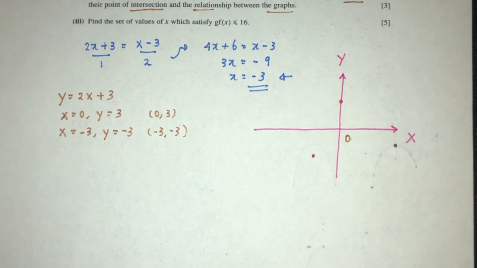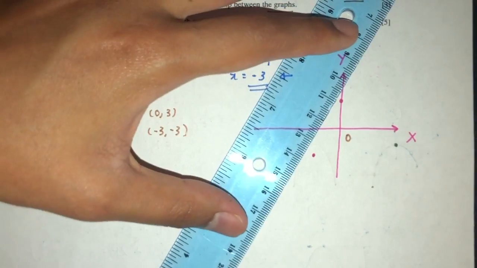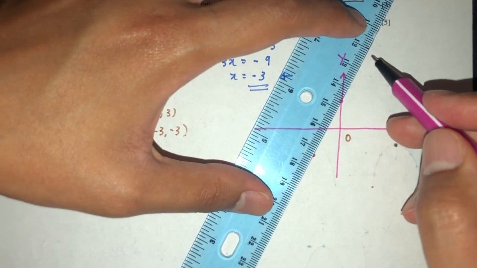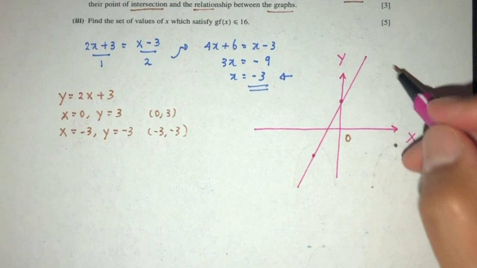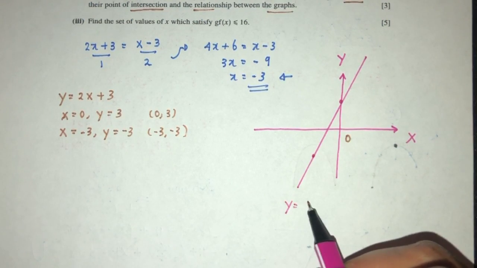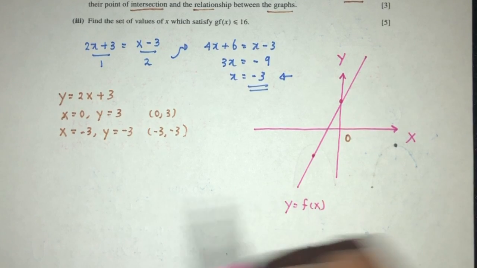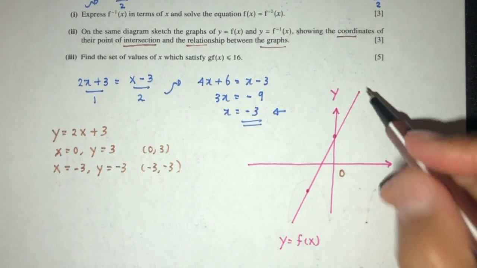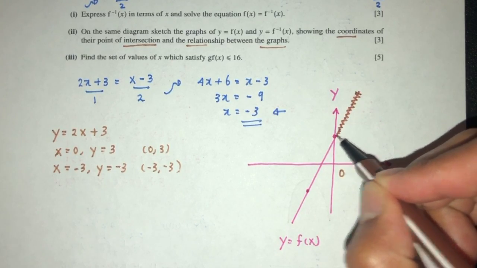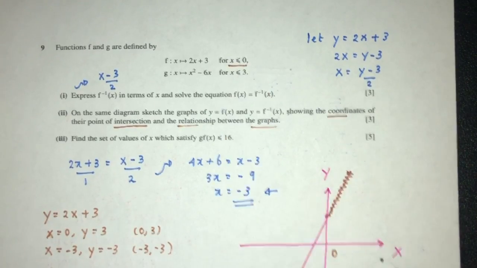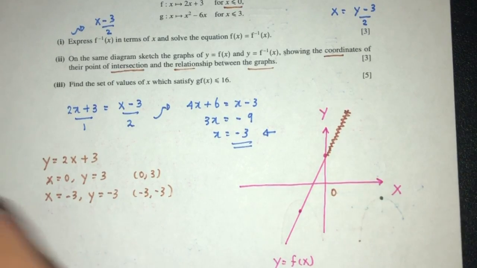So let me join these two to form our first line. For my equation y equal to f of x, we have to remove this part, because x is less than 0, so we don't need anything on this side.